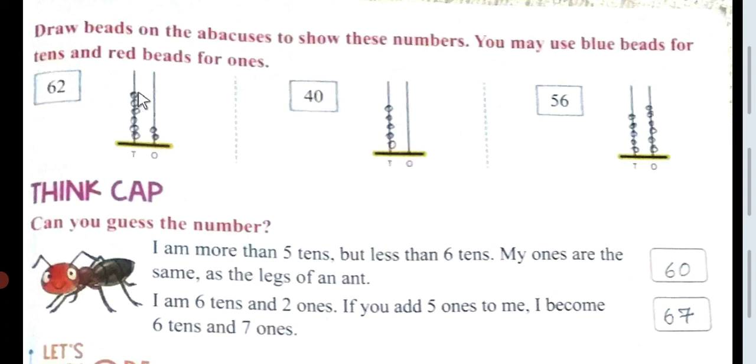So 62, 1, 2, 3, 4, 5, 6: 6 tens and 1, 2 ones. You can color it. Blue beads for the tens and red beads for the ones. So 40, 1, 2, 3, 4 you can see here, and you can color it.